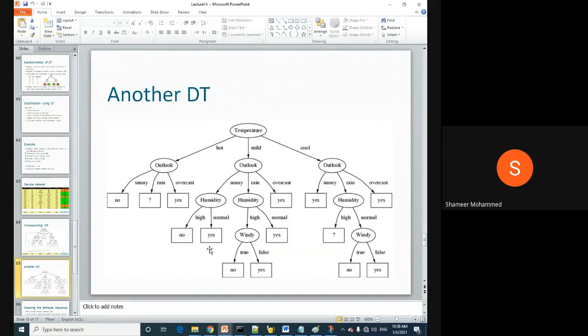Another type of decision tree is this one. Temperature: hot, mild, cold. Based on that, cloudy. Then for cloudy, humidity how much. Like that you are going.